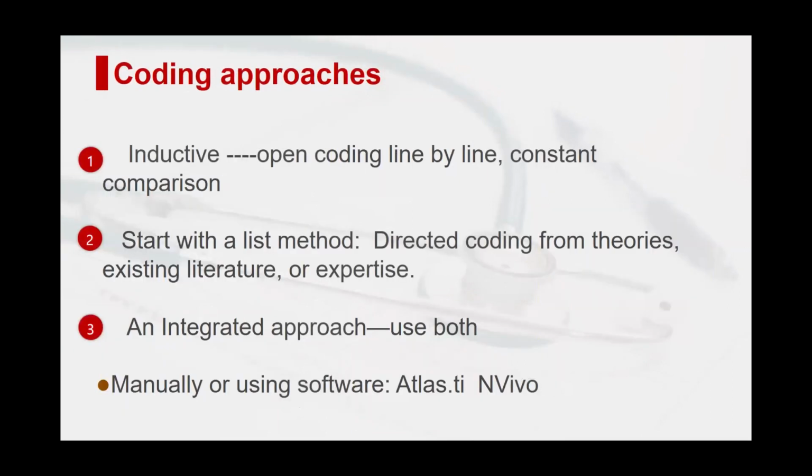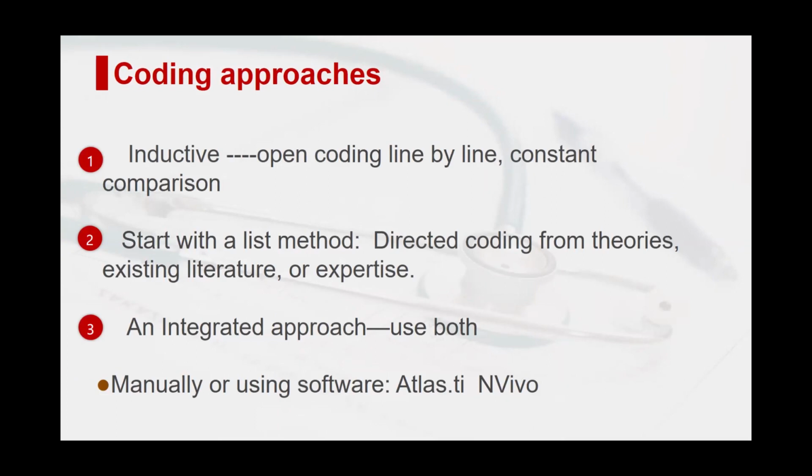One coding approach is called inductive coding, which involves open coding. Without any preconceptions, open codes come directly from your read of the transcripts. The second approach is called directed coding, in which the researcher uses a predetermined list of codes drawn from theories, existing literature, or the researcher's expertise.